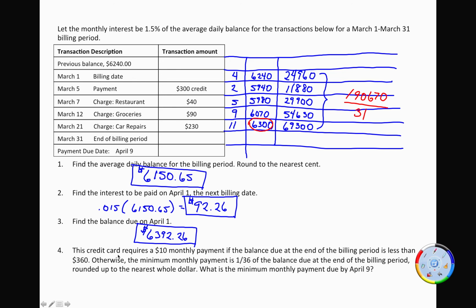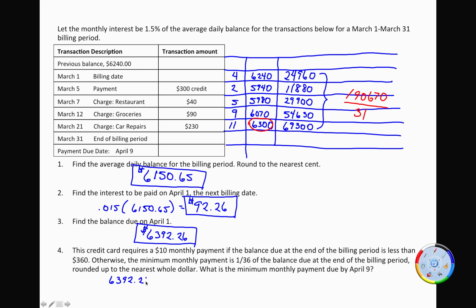Okay, this credit card requires a $10 monthly payment if the balance due at the end of the billing period is less than $360. Well, my balance is not less than $360, so that doesn't apply. Otherwise, the minimum monthly payment is 1/36 of the balance due at the end of the billing period, rounded to the nearest whole dollar. What's the minimum monthly payment? Well, 1/36 is saying divide by 36.